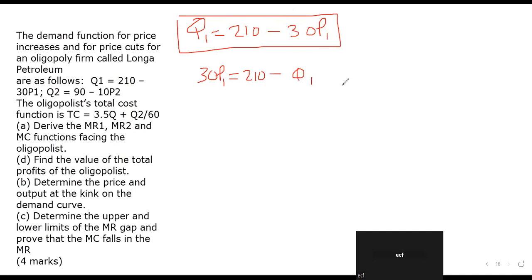So we divide throughout by 30. Here we know there's an invisible one. So P1 is equal to 7 minus 1 over 30 Q1. This is firm 1.